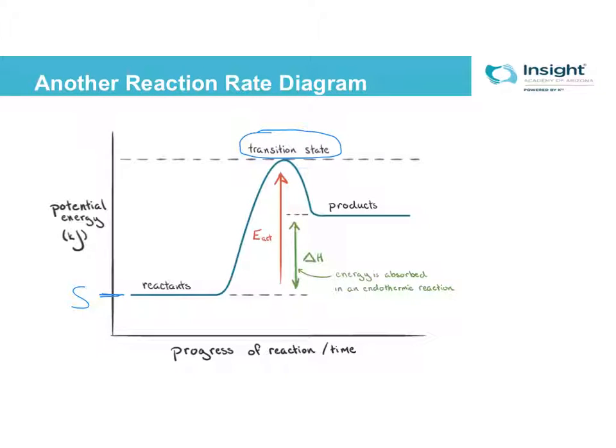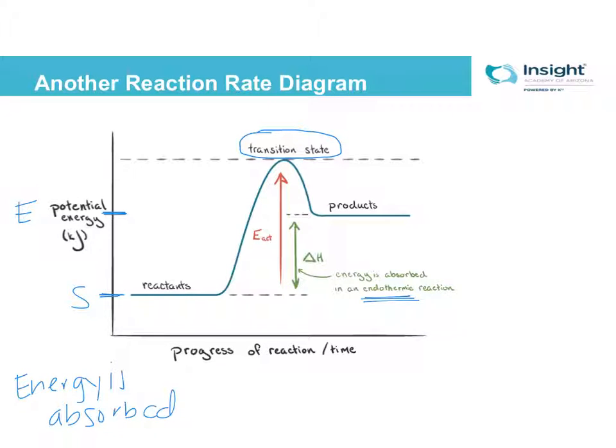And then after the transition state, we drop down a little bit, but not as far as our starting point. So in this case, overall, from start to end, the energy increases. So energy is absorbed. So like it says right here, that means we've got an endothermic reaction.